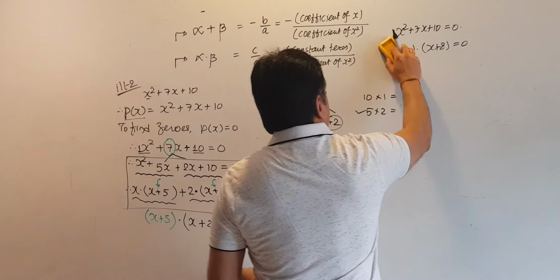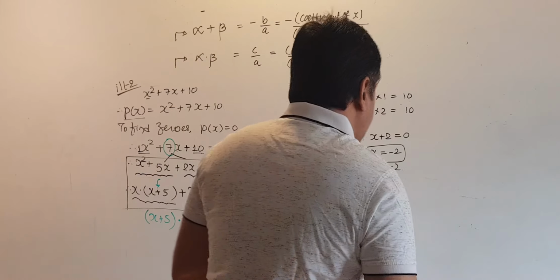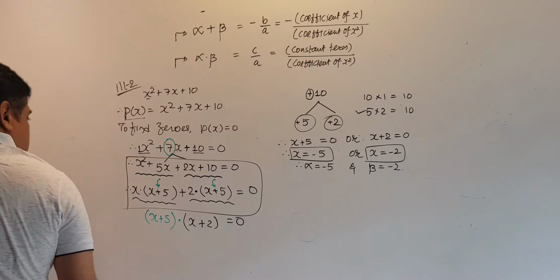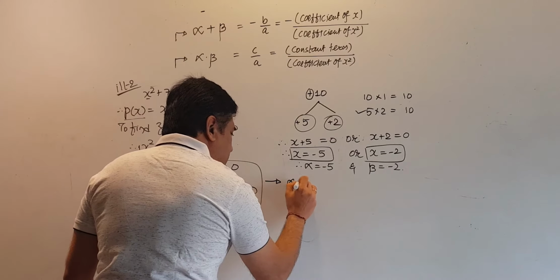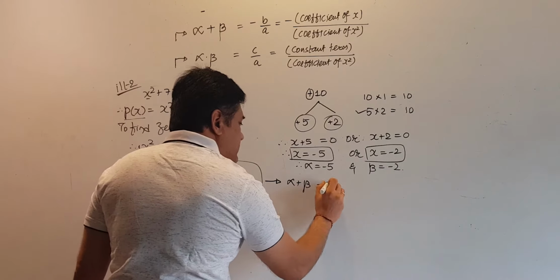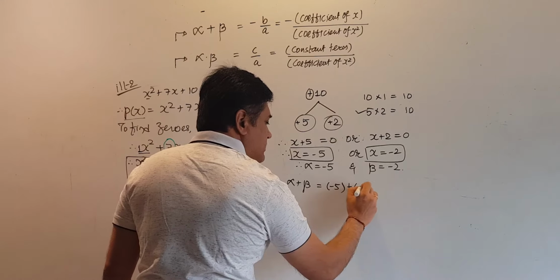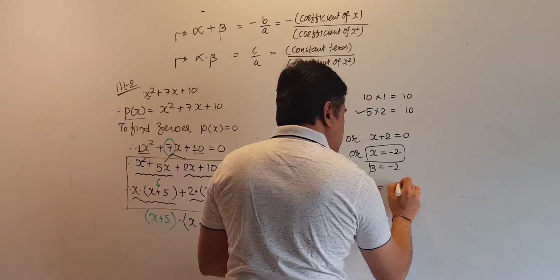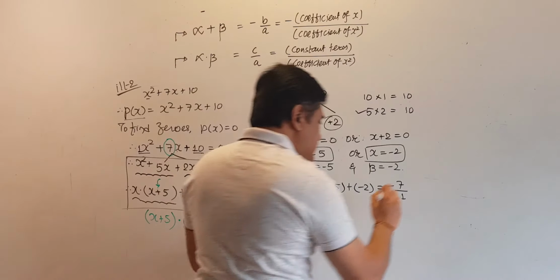Now here we have to ask the second question, that verify the relationship between zeros and coefficients. So how should we verify? First, alpha plus beta equals to minus 5, that is the value of alpha, plus minus 2, that's the value of beta. So minus 5 and minus 2 both will be added, minus 7. Nothing in denominator, so it's 1. Now let's check.